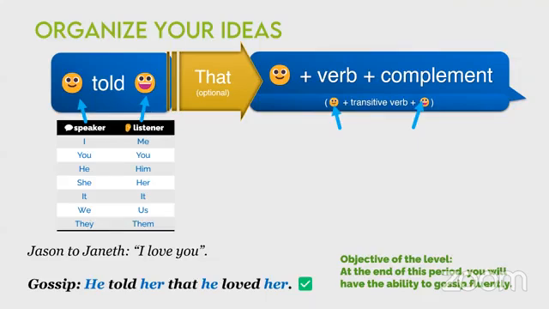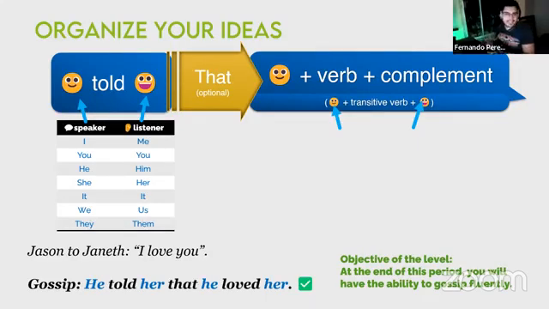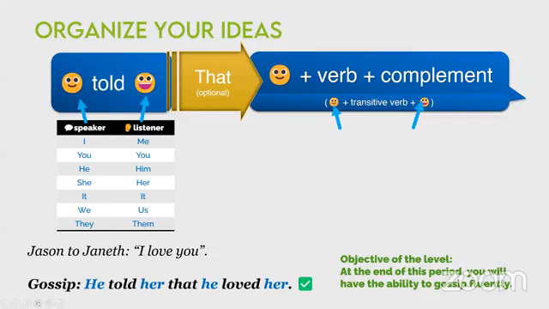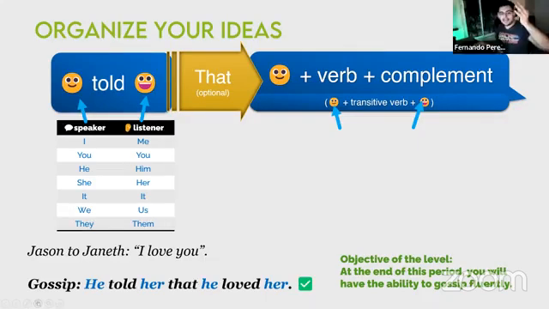Every time you speak, you need person, verb, complement. Necessary. Everybody, everything understood in this case? What are the three components for an idea in English?